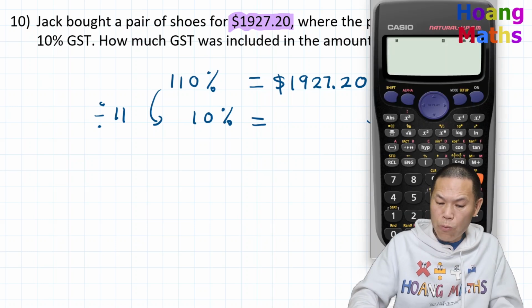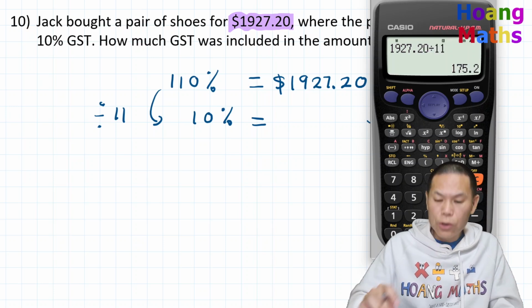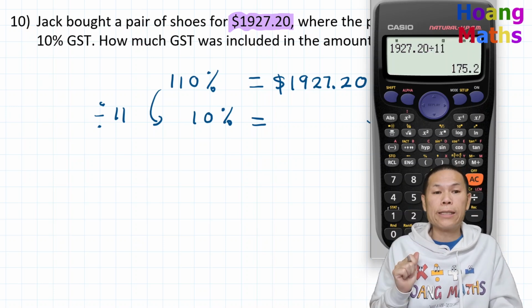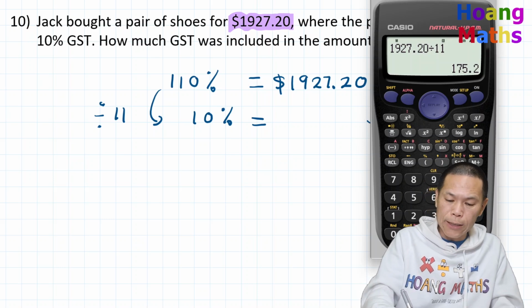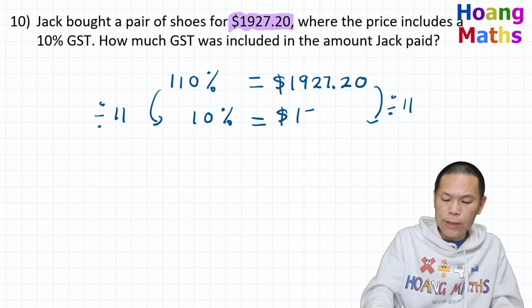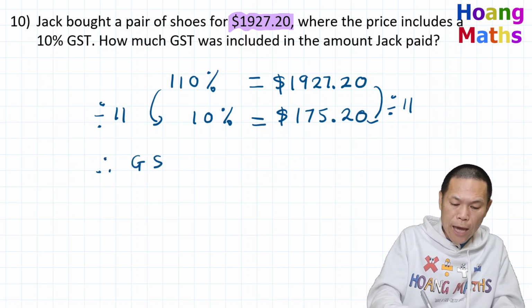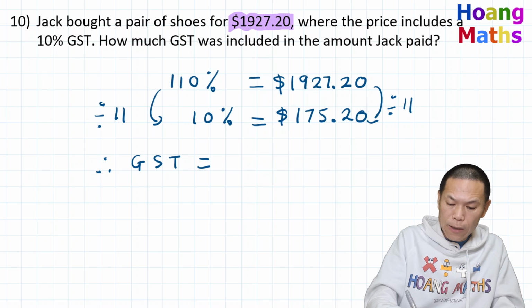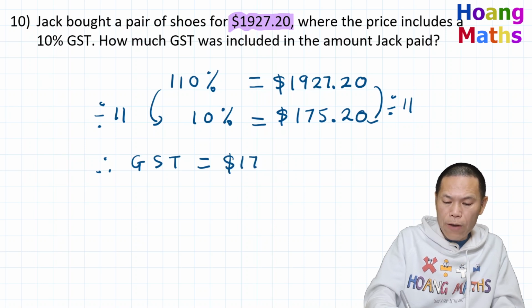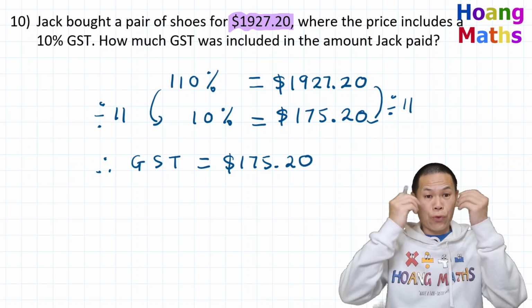So 1927.20 divided by 11 will give me $175.20. Therefore, GST is $175.20. So there you go.